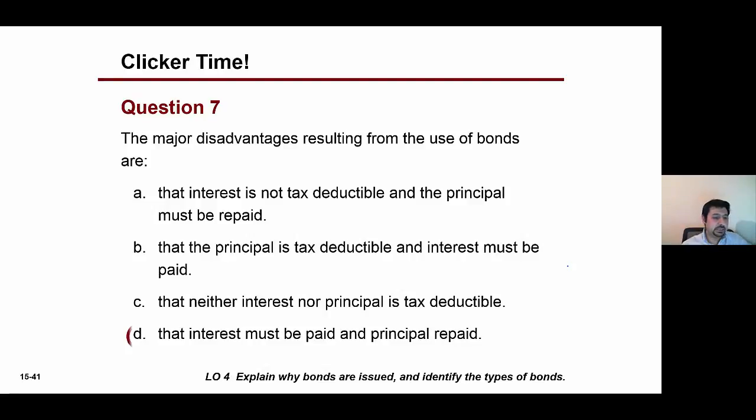Well, the answer is D, because interest is tax deductible and principal is not tax deductible, so the first option is not correct. That neither interest nor principal is tax deductible is incorrect. The main disadvantage is that the company will have to pay back the money that it borrowed, the principal, in addition to the interest that will be incurred, basically semi-annually.